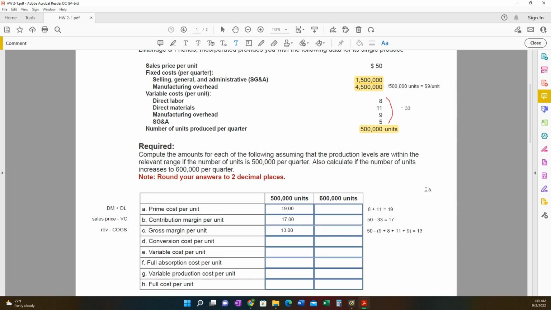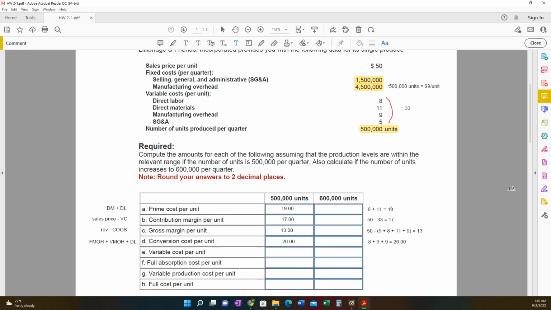So we add our direct labor of $8 plus our variable manufacturing overhead of $9 and the fixed manufacturing overhead of $9, which we calculated earlier, to arrive at $26 conversion cost.